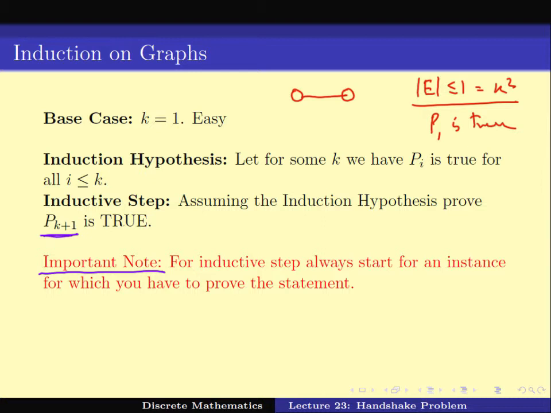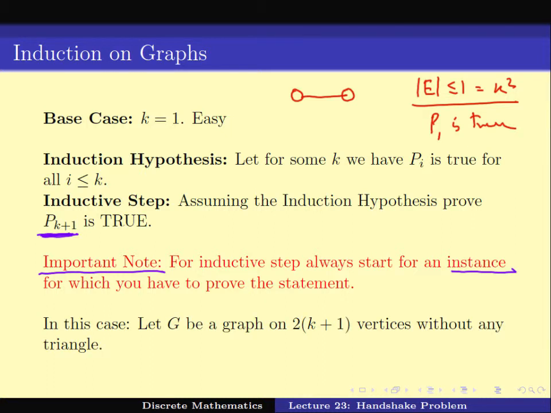Like we have seen till now. But whenever we apply induction for combinatorial objects like graphs, this is a very important statement. So we have to prove Pk plus 1. So we should start with an instance of Pk plus 1.